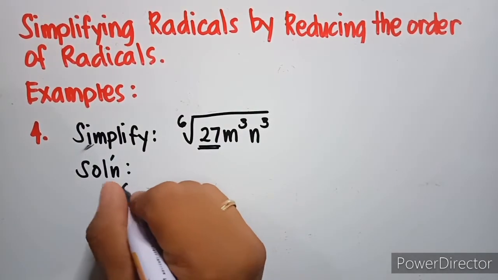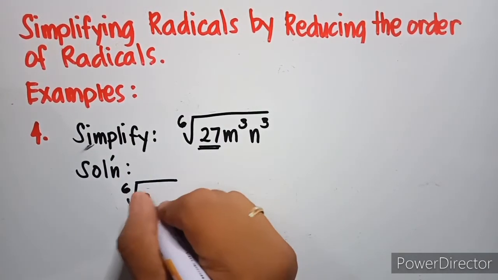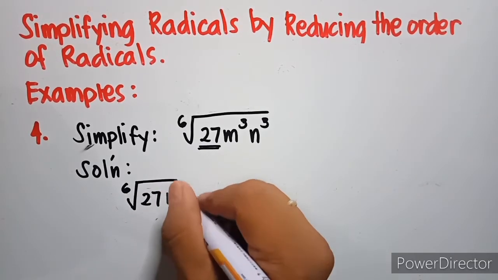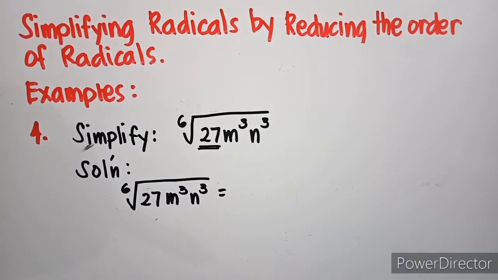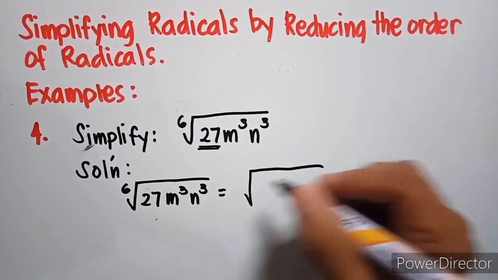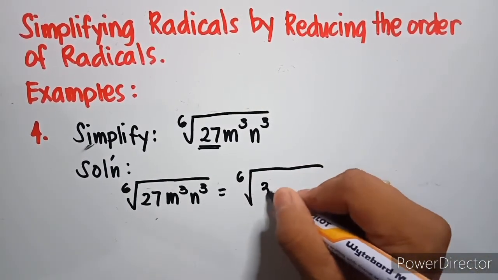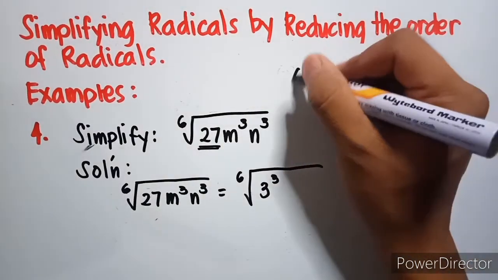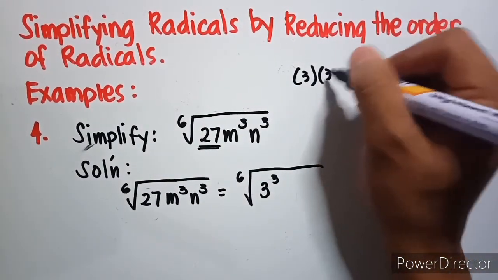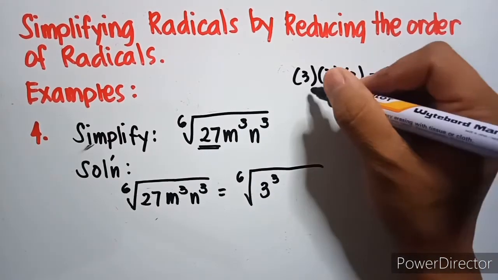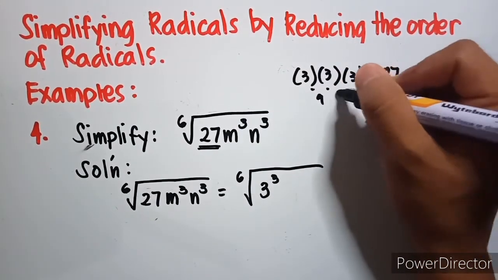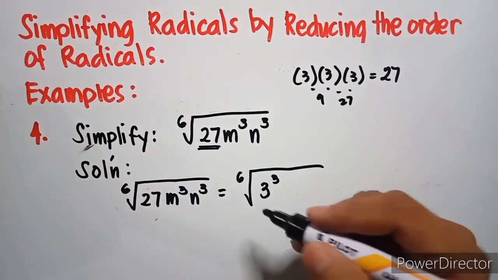So, yung ating 6th root of 27 m cube n cube, yung 27 ay magiging 3 cube. Kasi 3 times 3 times 3 equals 27. 9 times 3, 27. So, 3 cube.